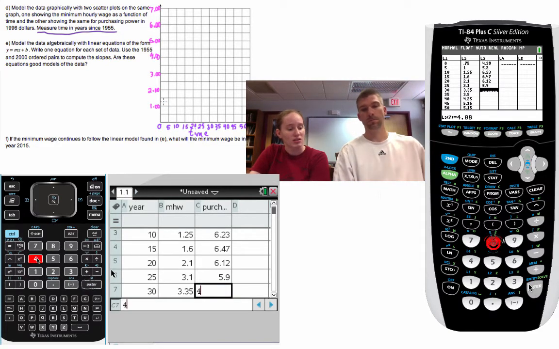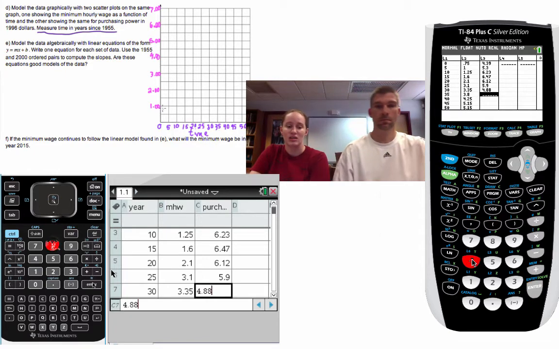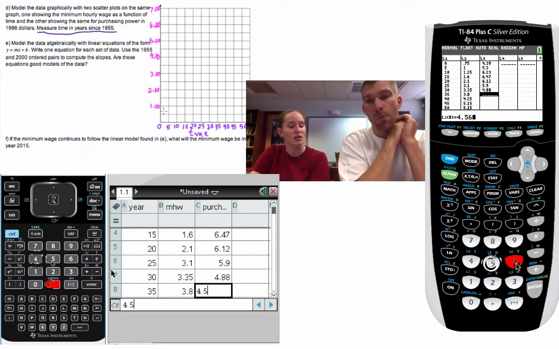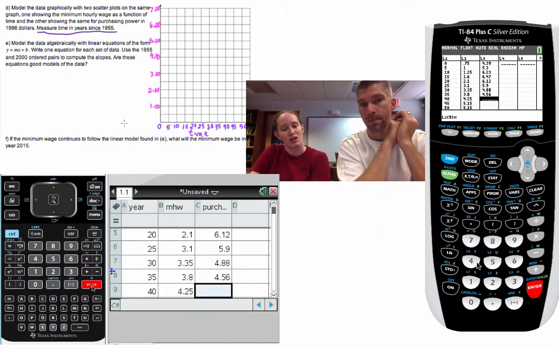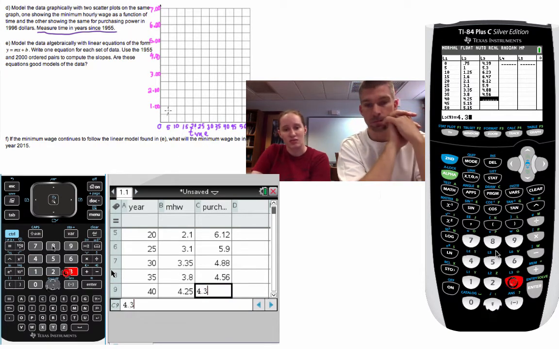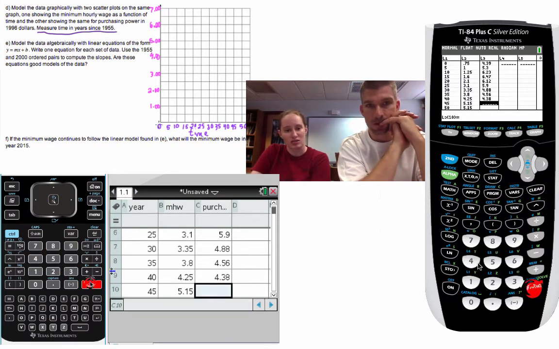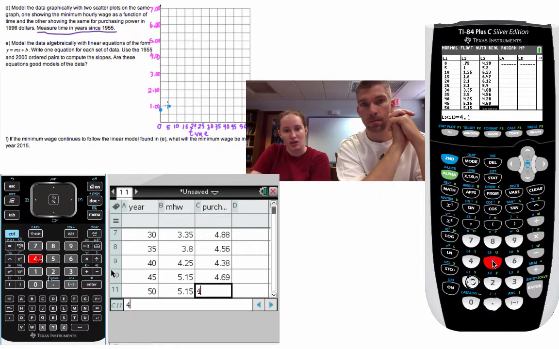When you're on your calculator and you're doing this, there's a way to set it up to where there's two different kinds of marks going on. Right. So in 1955, which is at 0 years, we're at $0.75. So that's right there. And then 5 years later, we're at $1. And then we're at $1.25.